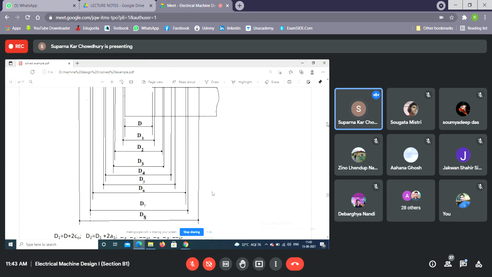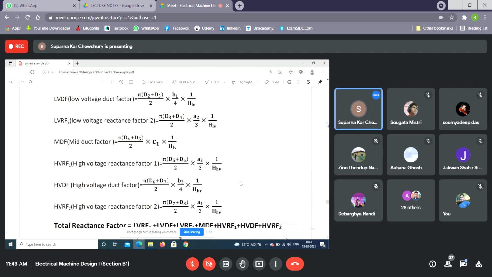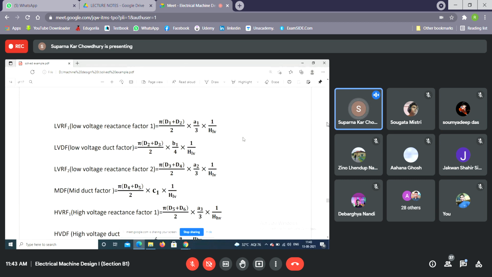If any of you are interested in the proofs of these expressions, you can consult any of the design books available. There are some proofs, and from book to book it might differ slightly how they are arranged, but ultimately you will get more or less the same value.